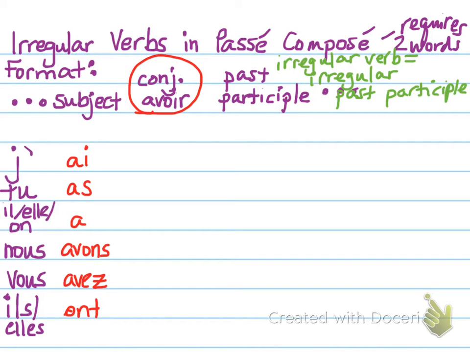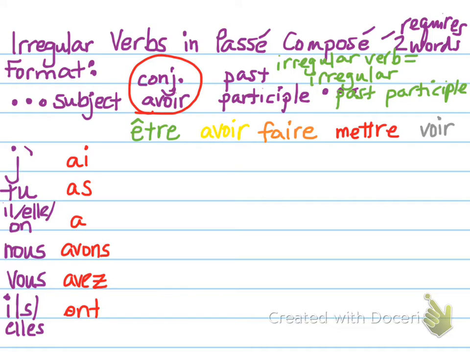Okay, so there are about 5 irregular verbs you've learned along the way: être, avoir, faire, mettre, and then the one that you just learned in this lesson, voir.